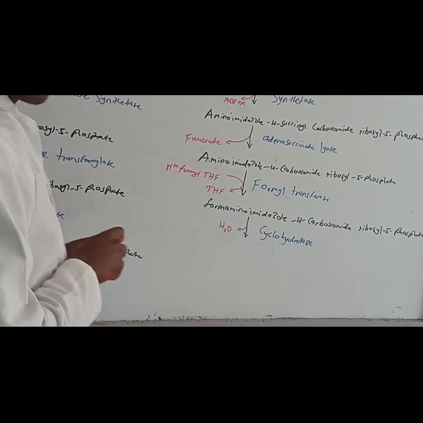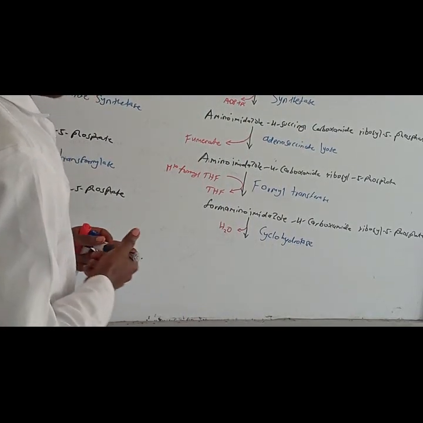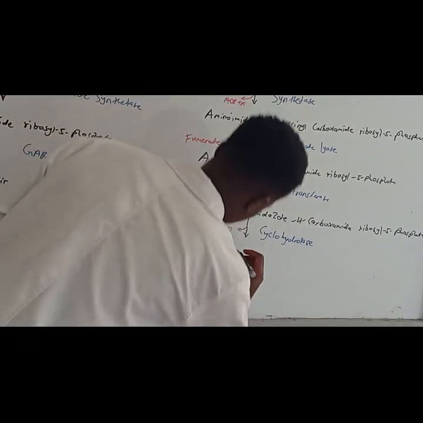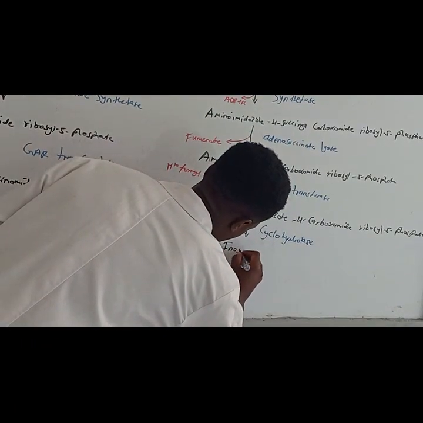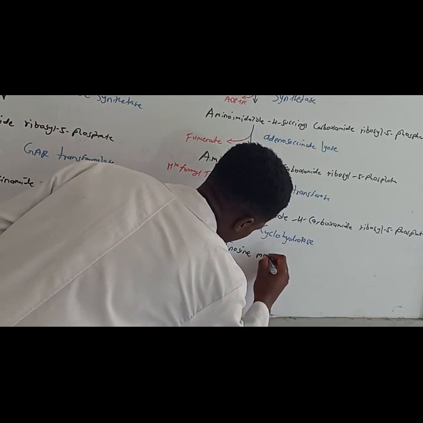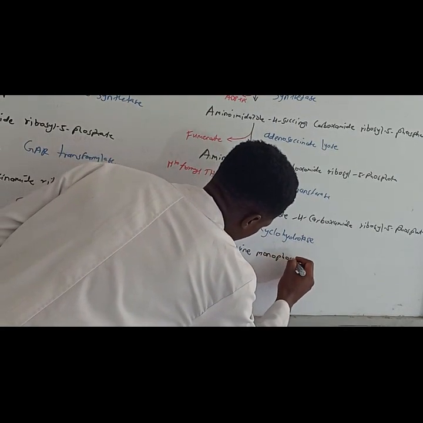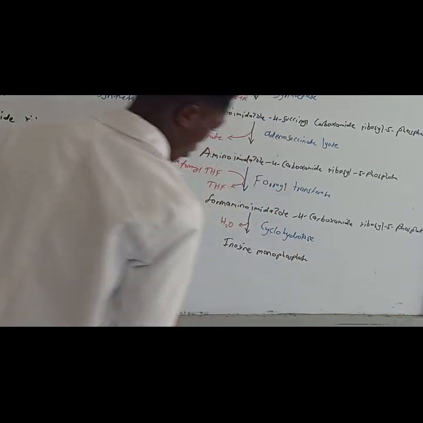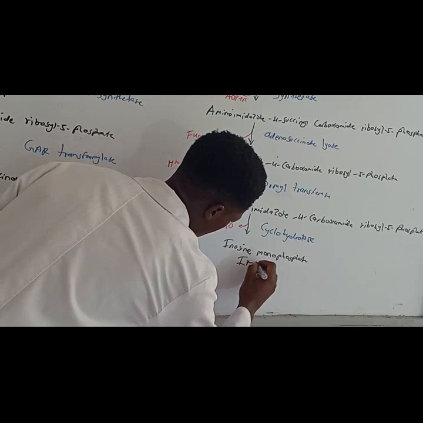Alright, then what are you going to form? You're finally going to form the inosine monophosphate, also abbreviated as IMP.